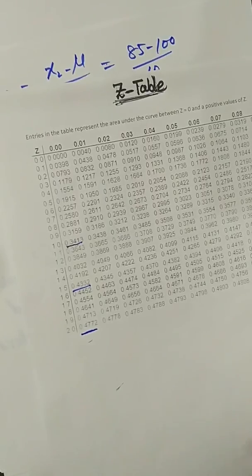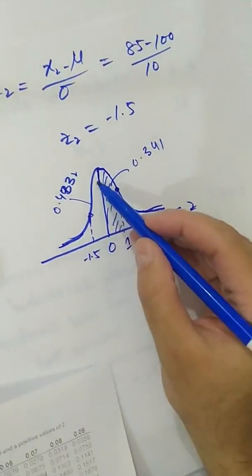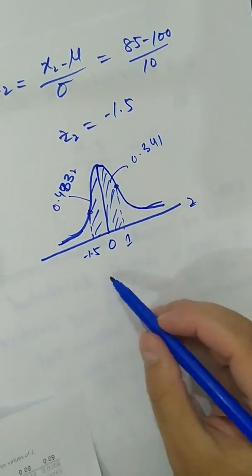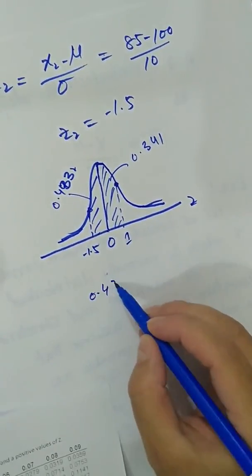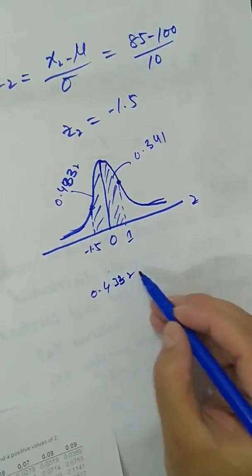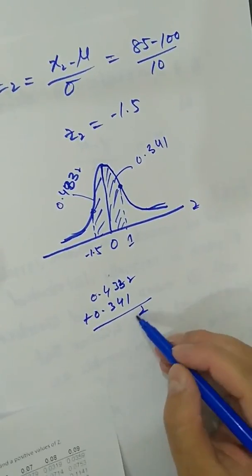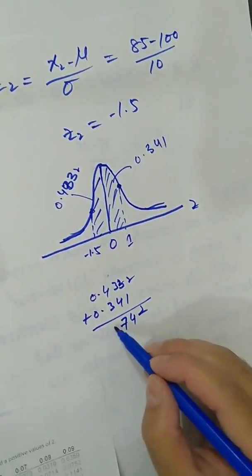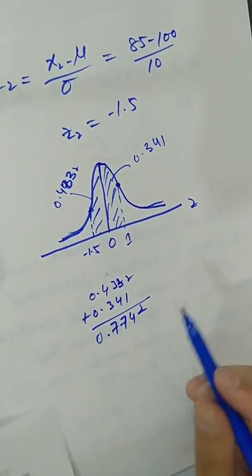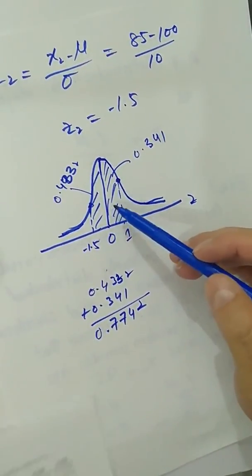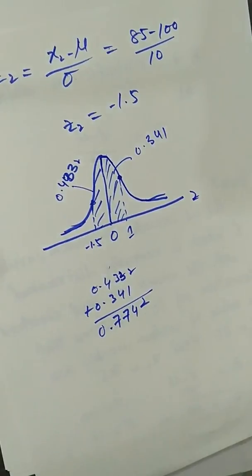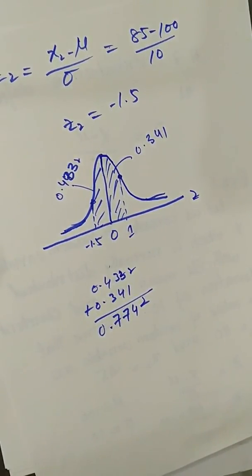What would be the total area in this case? That would be 0.4332 plus 0.3413, which is equal to 0.7745, the total area under this shaded region. Let's solve another example related to how to find the area under the curve.